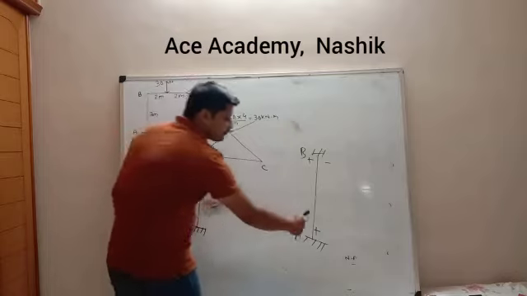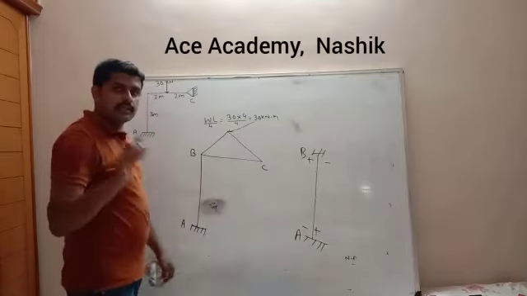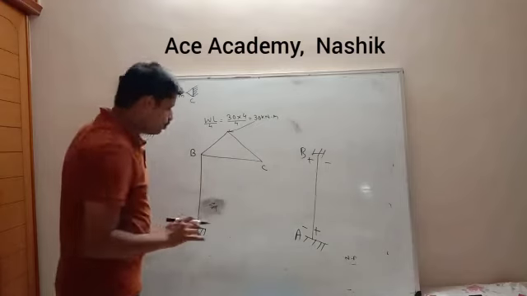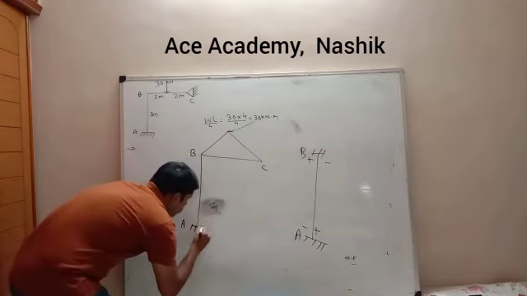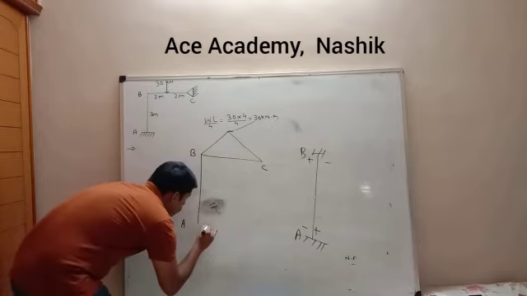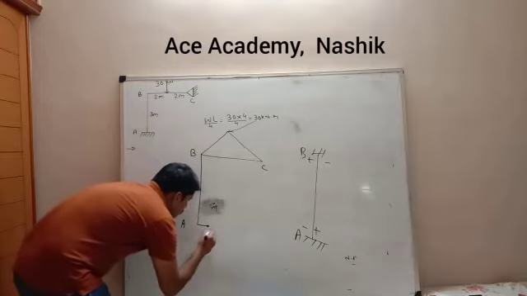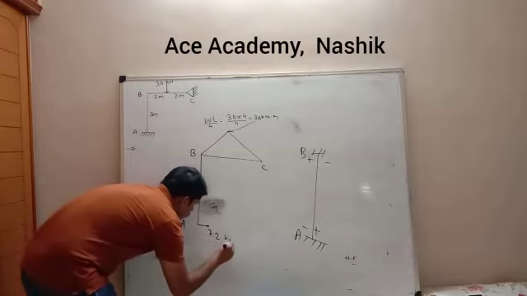And if AB is positive, you have to draw on the right hand side. So our answer is plus 7.2. So I have to draw on the right hand side. Here is 7.2 kilonewton meter.